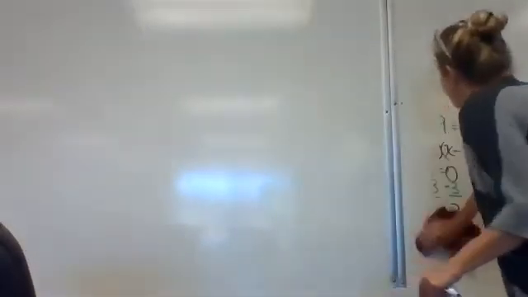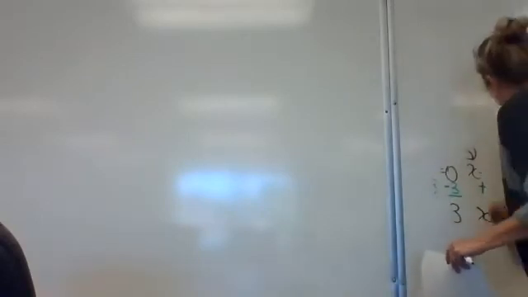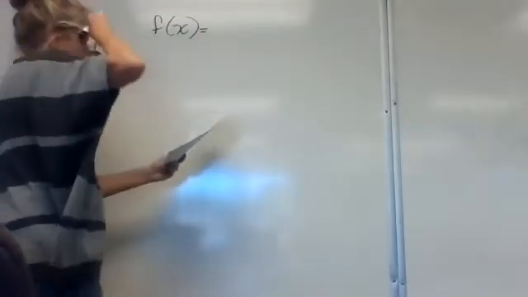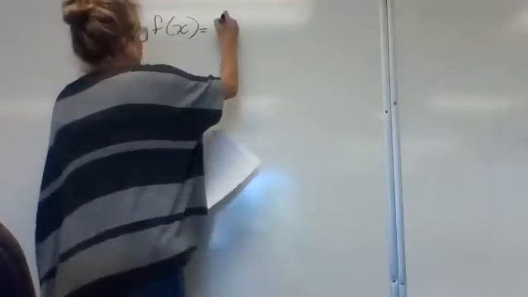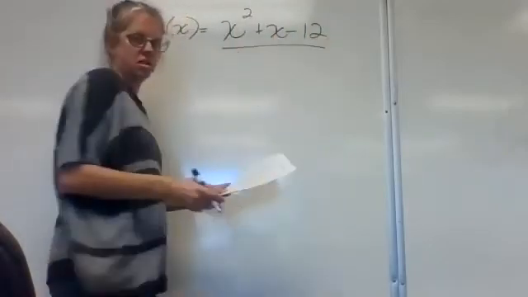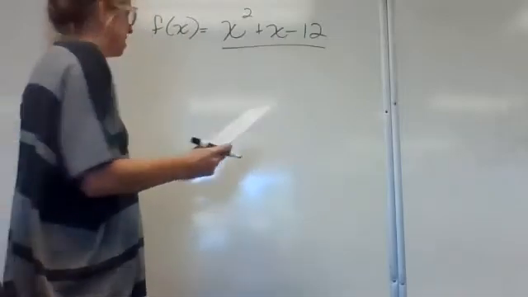So again, I'm going to write the function up here, and then I'm going to find the zeros of the numerator and the denominator. All right, the function is x squared plus x minus 12 over x squared plus 6x plus 8.